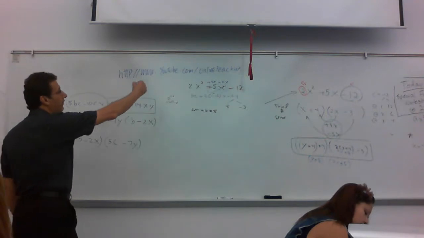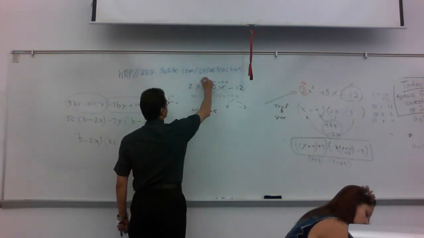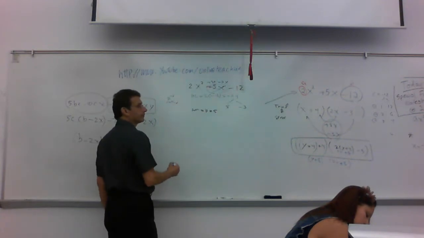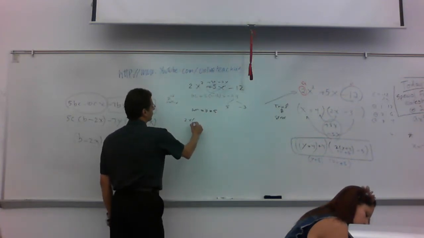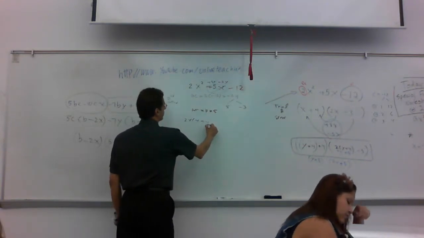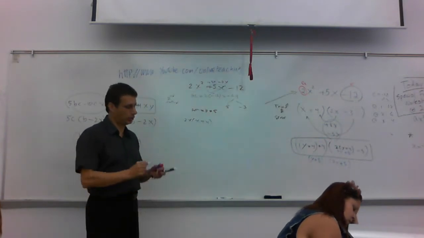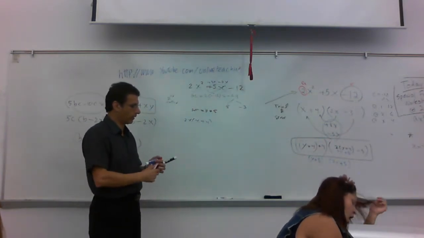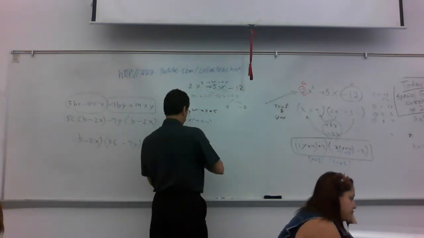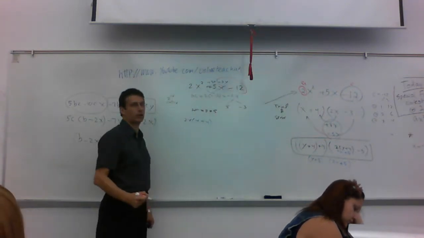So if I group the first two together, what comes out? 2x. Times what? Parentheses x plus 4. And if I lump together the last two terms, let me use a different color. If I put together these two pieces, what comes out?